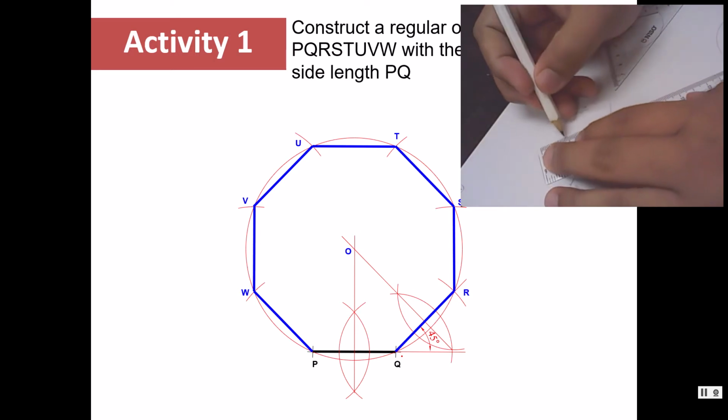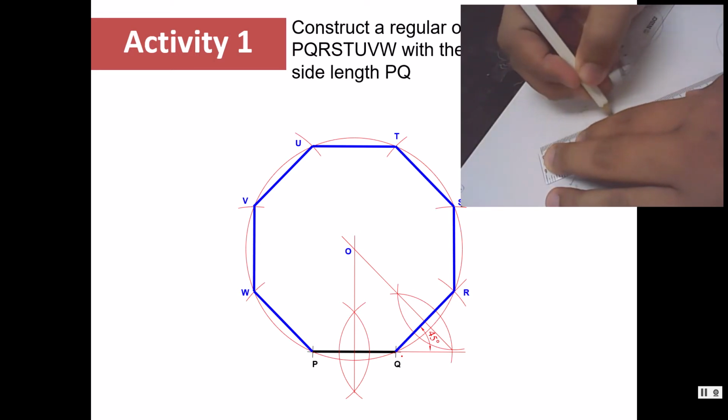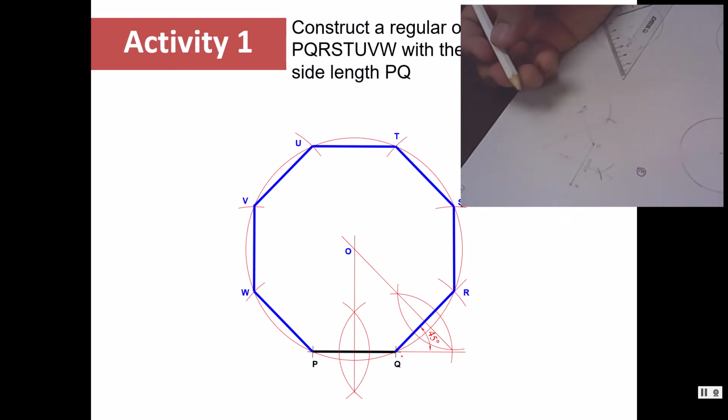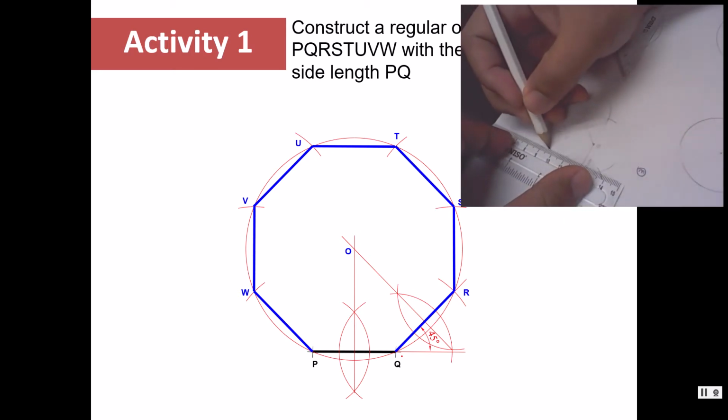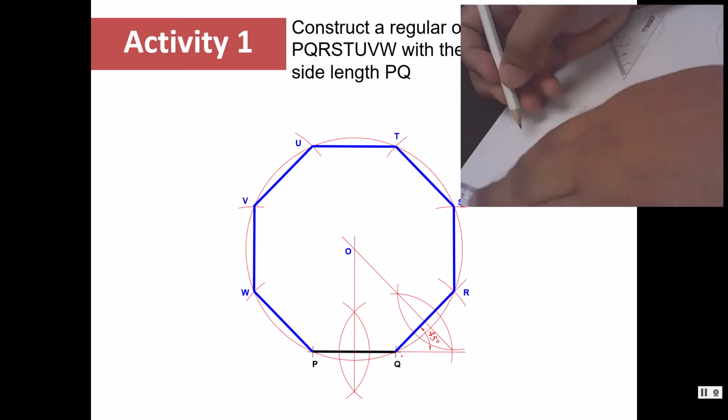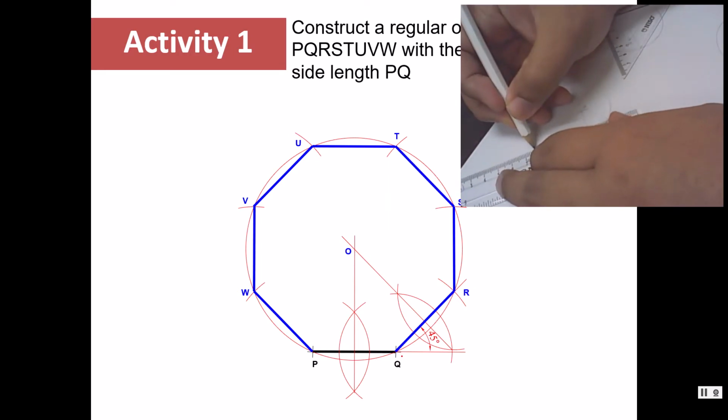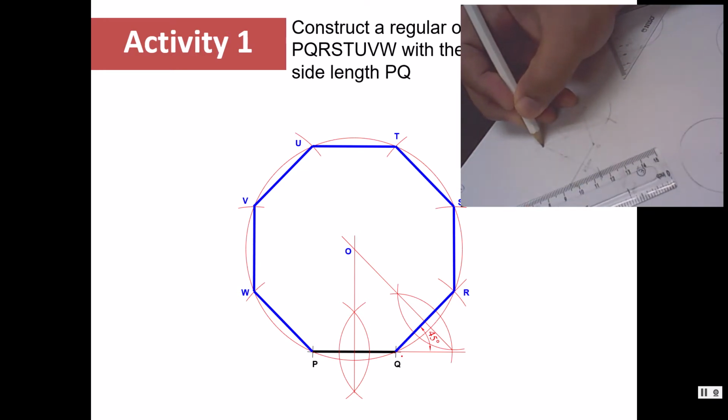So we already have the midpoint for Q and R. So we draw another construction line, and these two midlines we constructed in order to find the point which will be the center point of the big circle. So this is O. This is the joint between this line and this line.